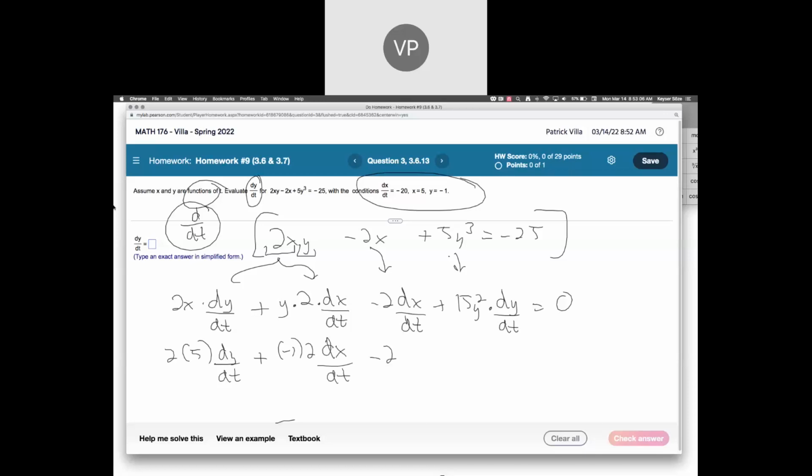Minus 2 times dx dt, oh, I'm sorry, they also gave us dx dt of minus 20. Let's go back a second. They gave us this one. So that's a minus 20. And this is a minus 20. Same thing, dx dt in both. And then up to here, they gave us y, which is negative 1. And the thing we're trying to find is dy dt.